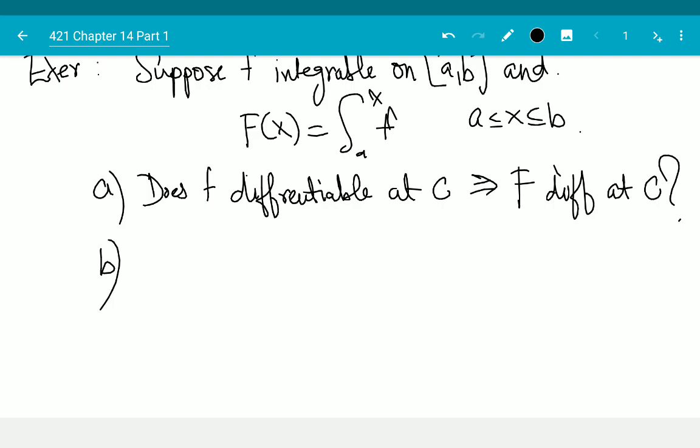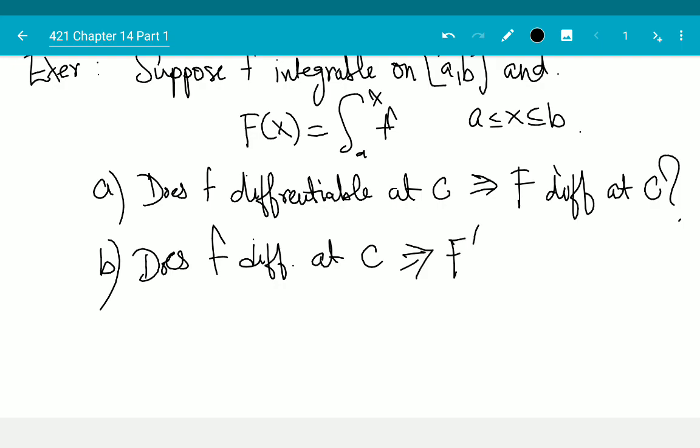Second, does f differentiable at c imply f prime continuous at c? And third, maybe I should have called these 1, 2, 3, but well, whatever.